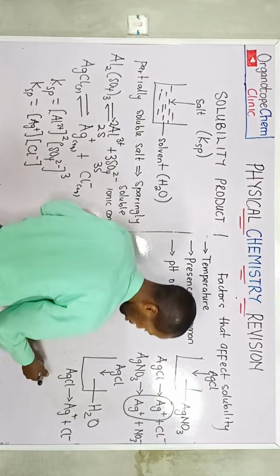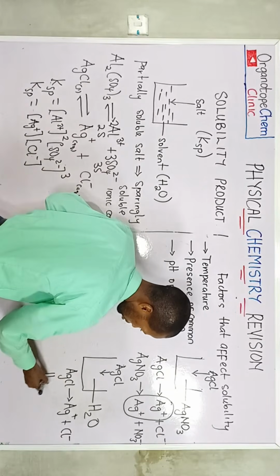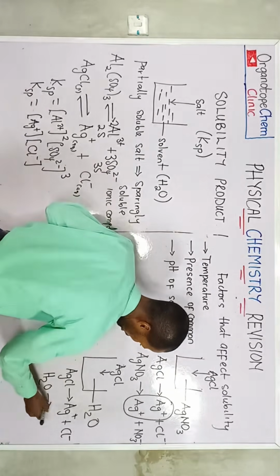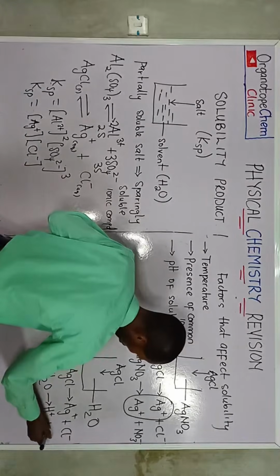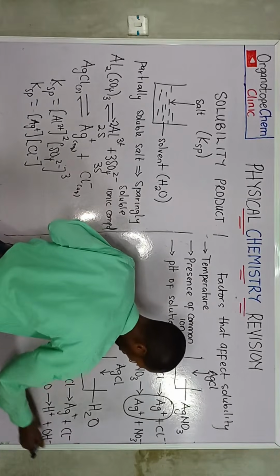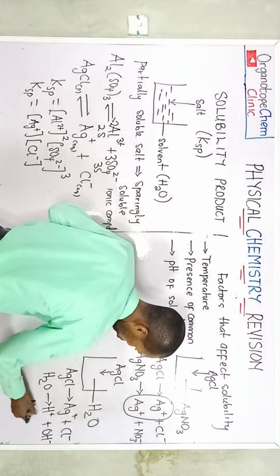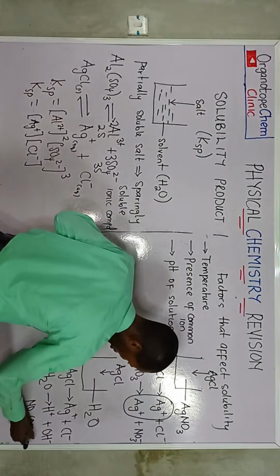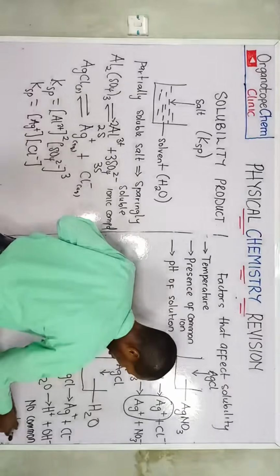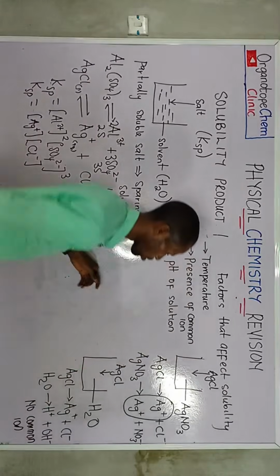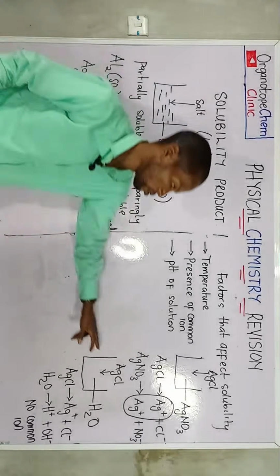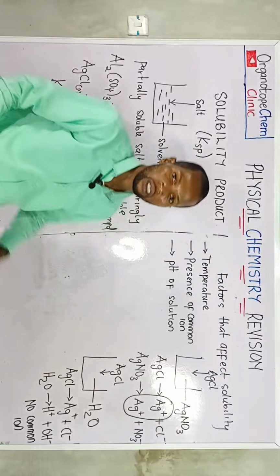So from here, we are going to have water. Water will give hydrogen ion plus what? Hydroxide ion. Okay. So do we have a common ion here? No common ion. So there is no common ion in the solution of silver chloride in water.